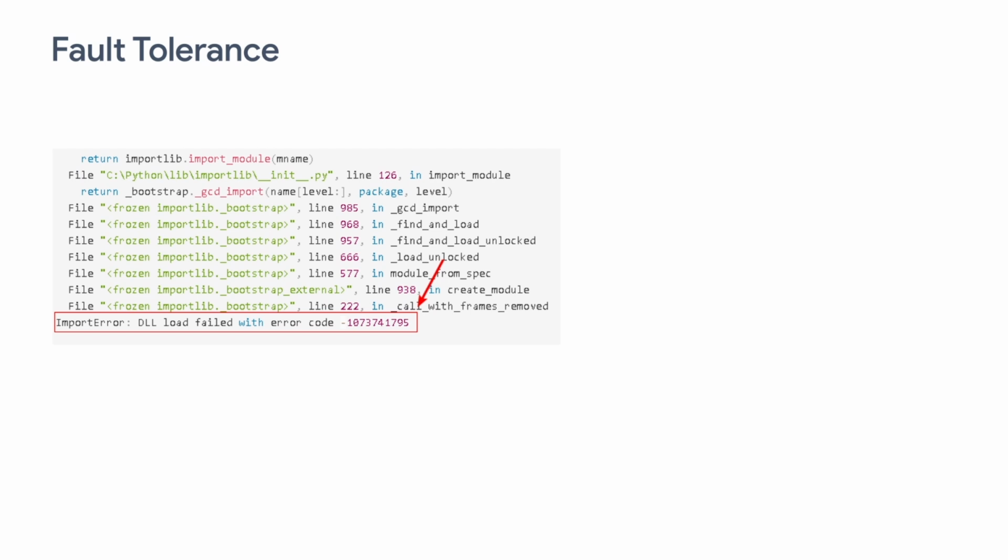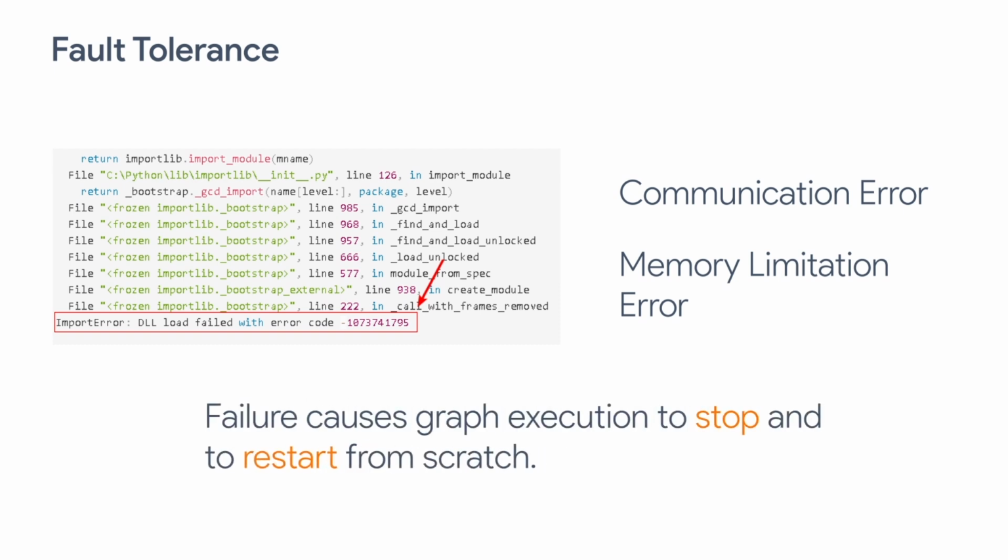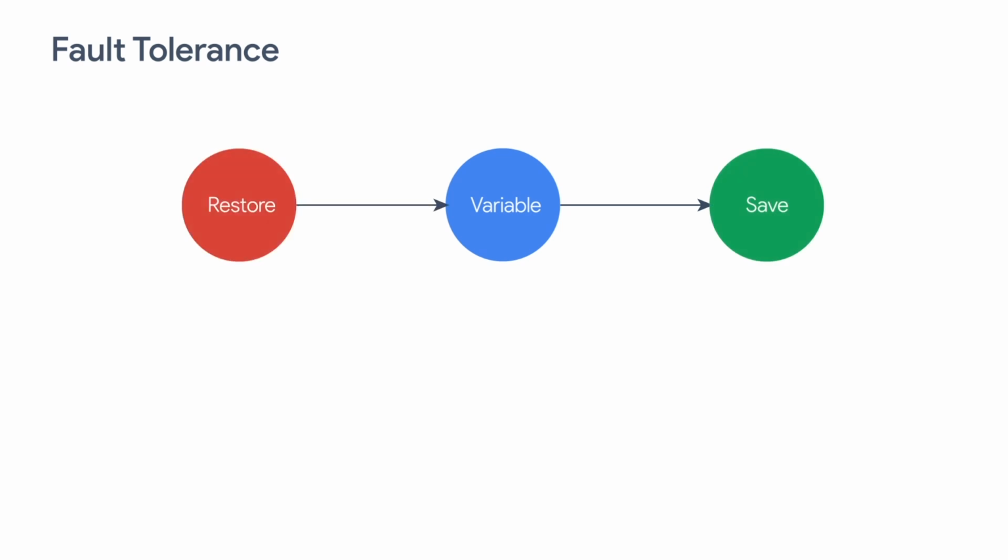While executing a TensorFlow graph, failure can occur in a variety of places because of many reasons like error in communication or memory limitations. When a failure is detected, the entire graph execution is aborted and restarted from scratch. But as we already discussed, TensorFlow has variables which are persistent. A variable node is connected to a save node and a restore node.